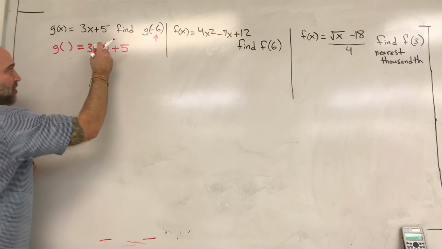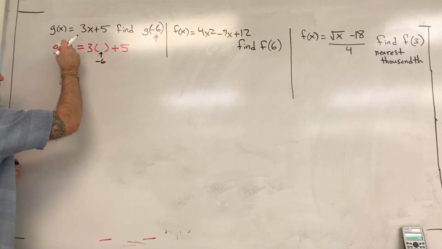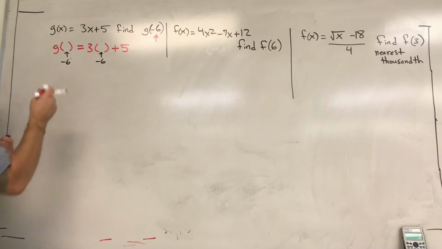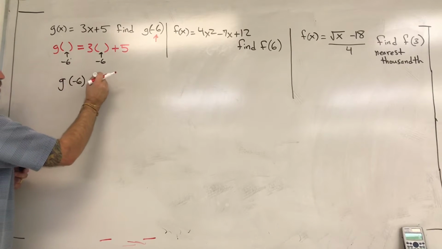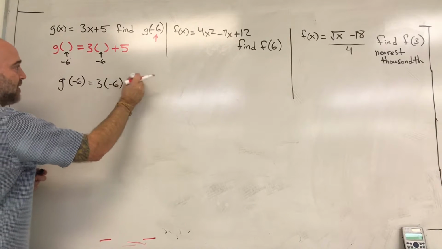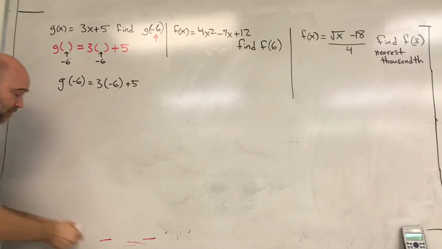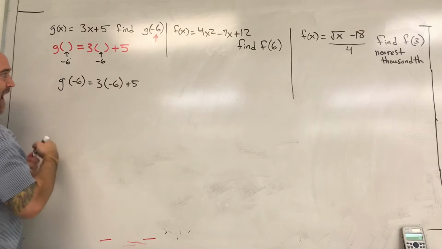In this case, it's not too bad, it's just the -6. So wherever I see the parentheses, I plug in the -6. So this now becomes g of -6 is equal to 3 times -6 plus 5. The order of operations, in this case, we want to do multiply before we do add.